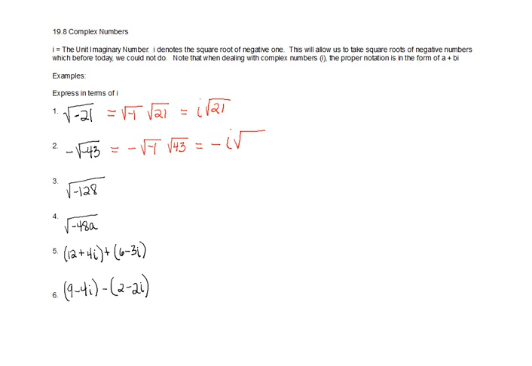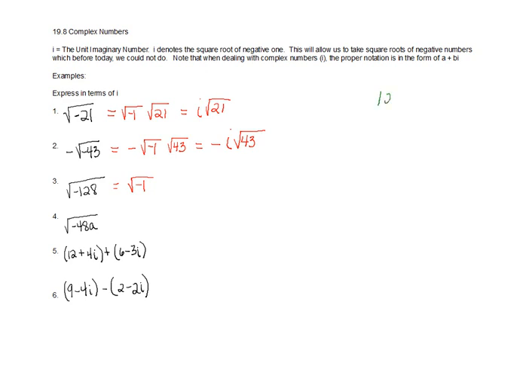So let's look at the square root of -128. Once again, we're going to factor out that square root of -1, and then with the number 128, I'll come out here to the side and factor it to see what perfect squares we have in it. I know that 2 goes into 128, and it goes into it 64 times.